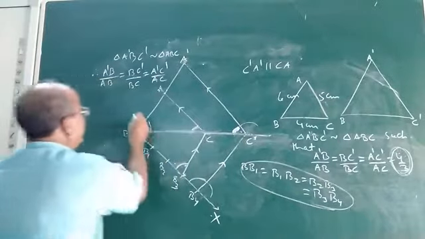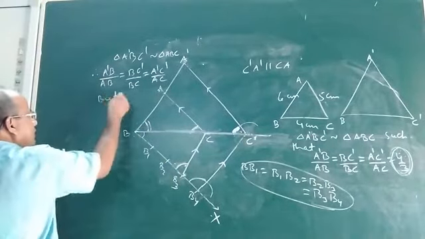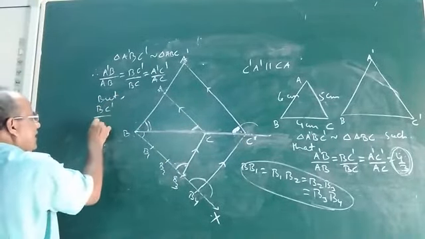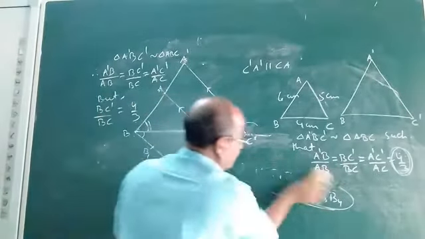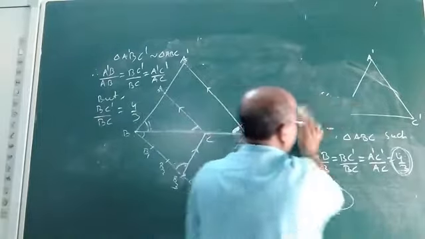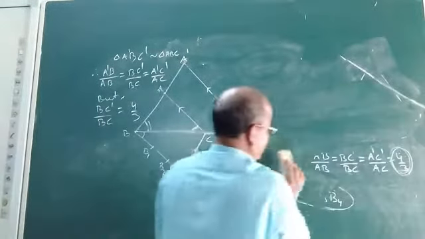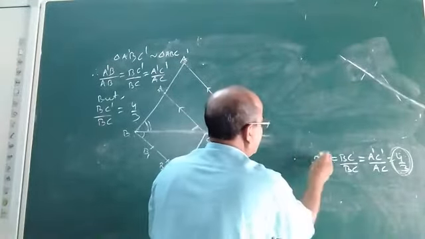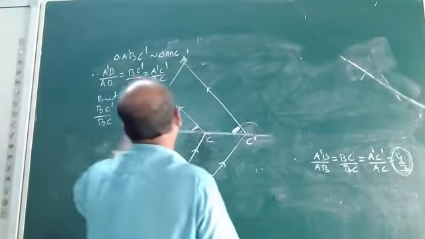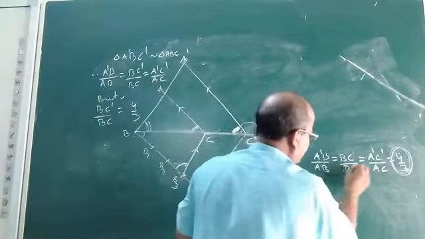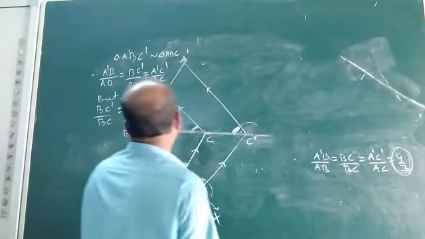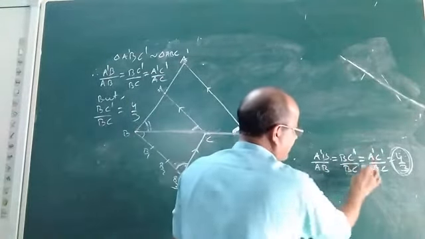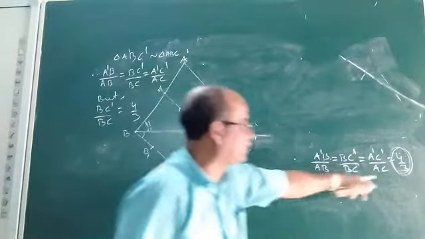But BC dash by BC equal to how much? It is 4 by 3. Therefore, A dash B by AB equal to BC dash by BC equal to A dash C dash by AC equal to 4 by 3.